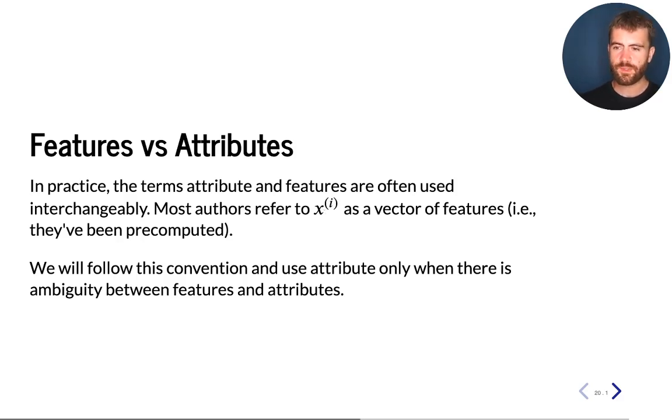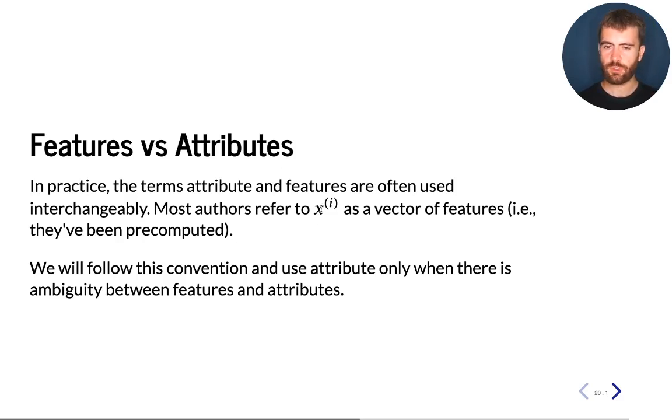So in this course, I am going to be using most often the term features. If there's no ambiguity between whether we're talking about an attribute or a feature, I'm just going to call it a feature. But if there is ambiguity, and if we need to use this function phi, then I will try to use the correct term, either feature or attribute, depending on which one is relevant.